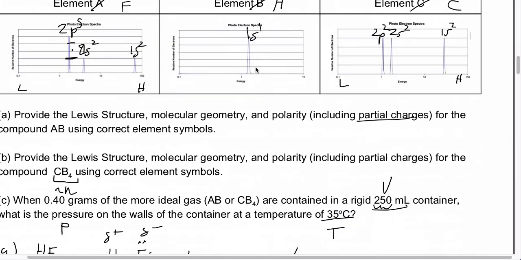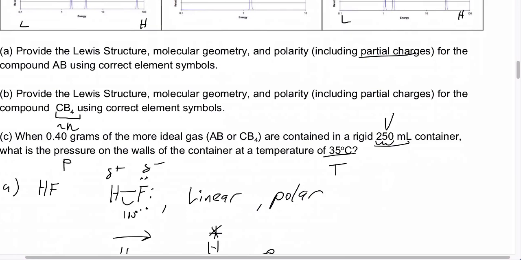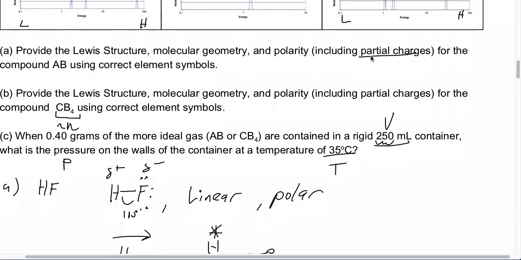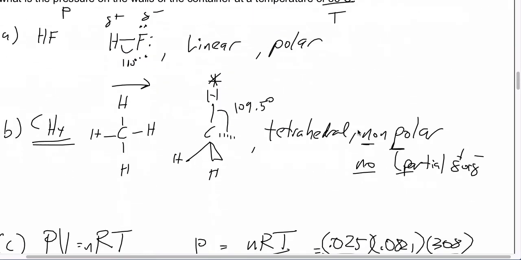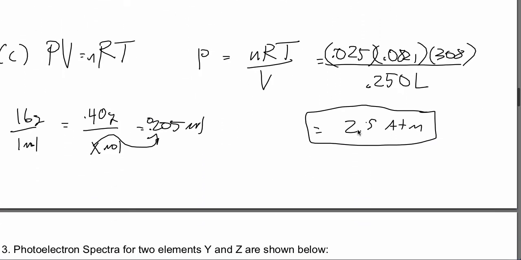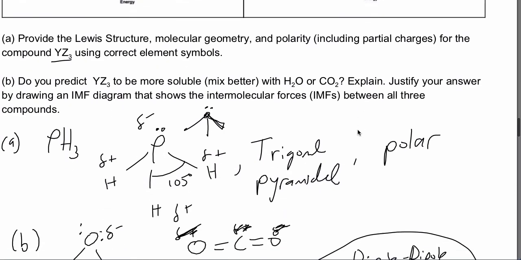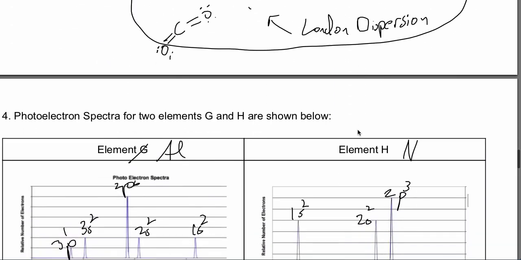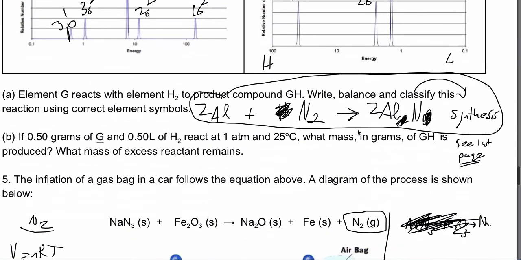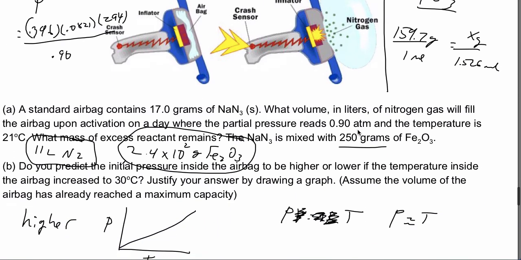We did some photoelectron spectroscopy and some Lewis structures around that, so you're going to need to know that. We then related that to PV equals nRT. Went ahead and did another reaction. This was a synthesis reaction down here at the end. And we did our airbag.